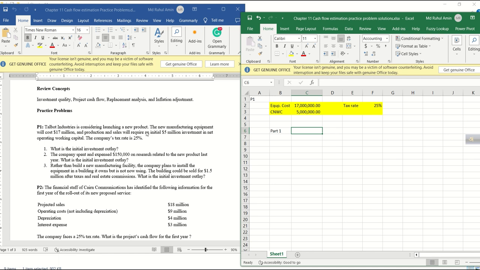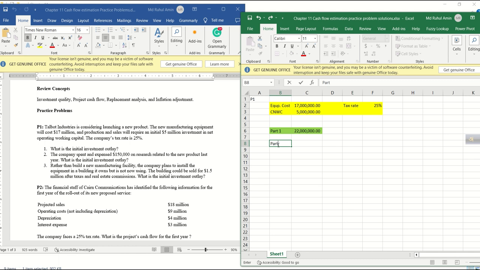So we'll require another initial $5 million, meaning we have to spend it. So $17 million we already spent, and $5 million additional we have to spend to make it functional. So we just sum these two. Done. This is our part A, the initial investment.